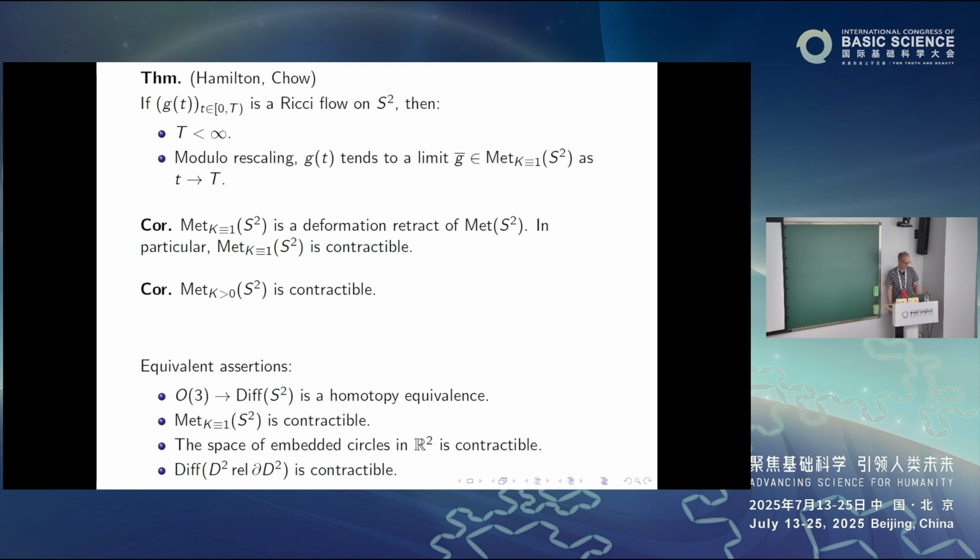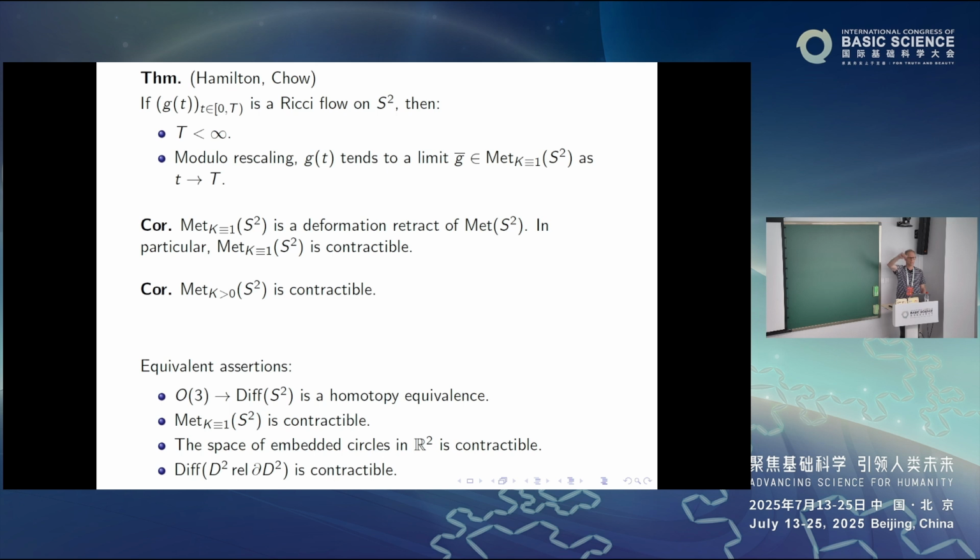I want to mention that this argument used the equivalence between these two assertions at the top, but there are soft arguments that you can use to prove equivalence to other natural sounding statements. For example, this statement of Smale's theorem is equivalent to the contractibility of the space of embedded circles in the plane.